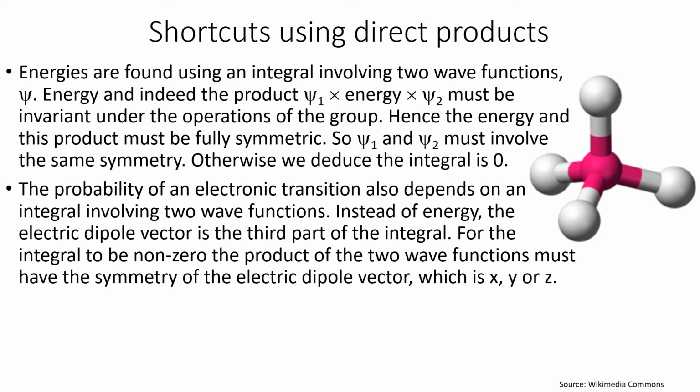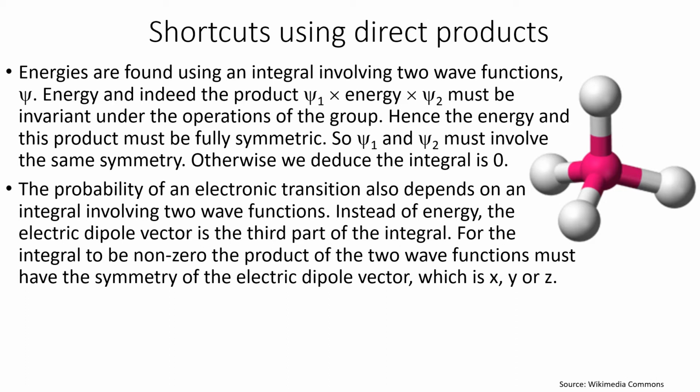So if, for example, you had, let's say, an octahedral complex ion, you've got a centre of symmetry in there, and so all the states will have a parity label, G or U. And of course the electric dipole vector here, vectors are odd parity because they have a particular direction, a plus and a minus direction. And so it means that your electric dipole vector, which will have U parity, means that ultimately your initial state and your final state have to have opposite parity.